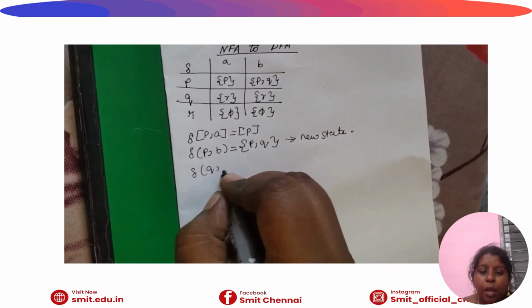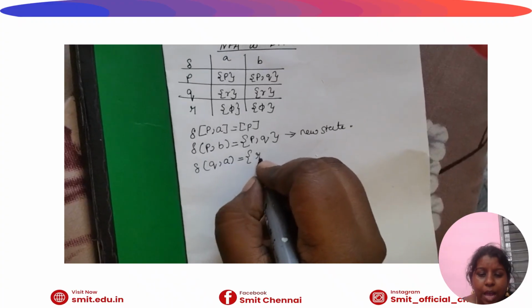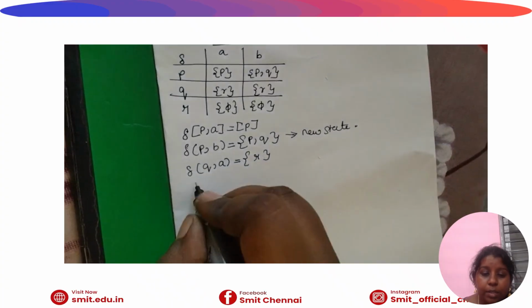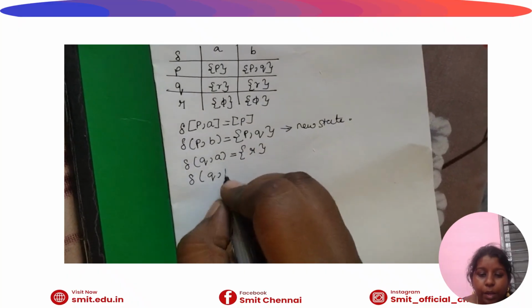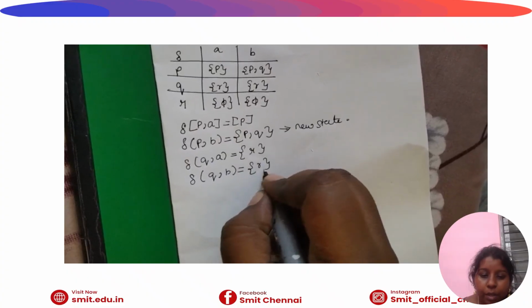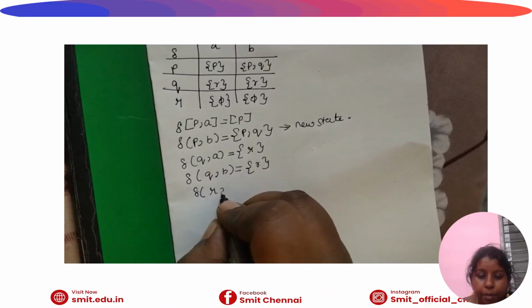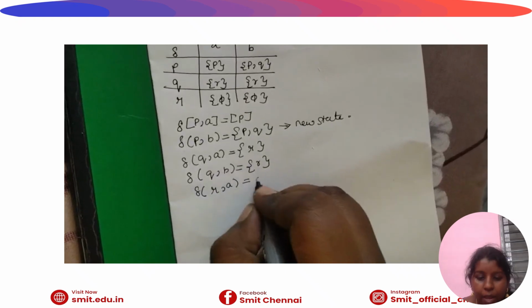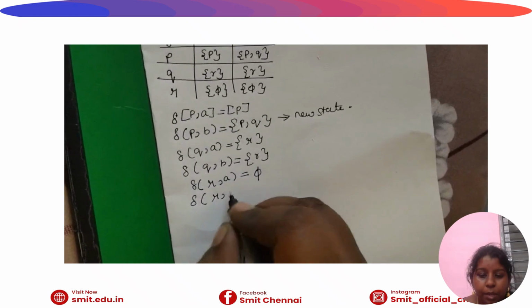Next, sigma Q, A we write as R as given in the table, and sigma Q, B we'll write as R as given in the table. Next, sigma R, A is empty and sigma R, B is empty.